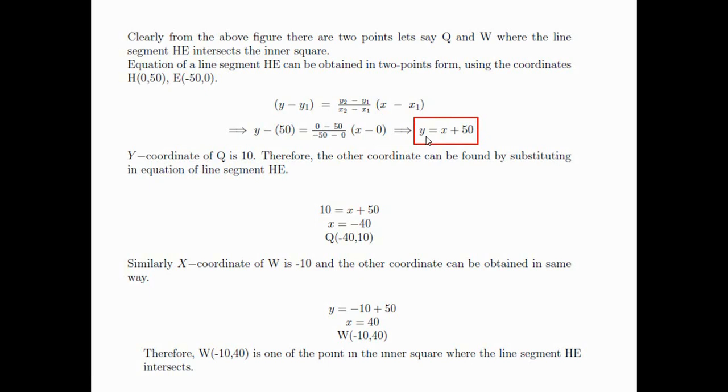Now, as y coordinate of Q is 10, the other coordinate also can be found by putting it in the line segment HE. Therefore, Q can be obtained as (-40, 10), and x coordinate of W is -10. The other coordinate can be found in the same way. Therefore, W will have a coordinate of (-10, 40). Hence, W is one of the points in the inner square where the line segment HE intersects.